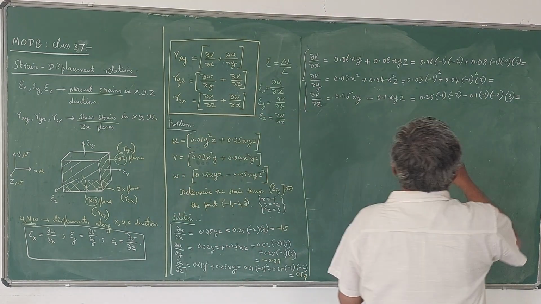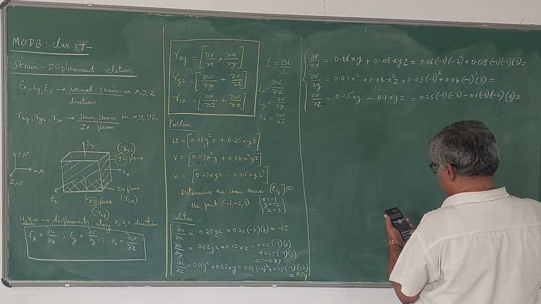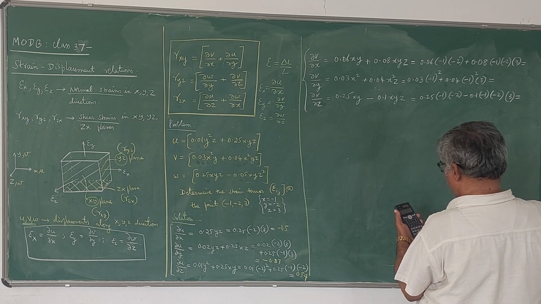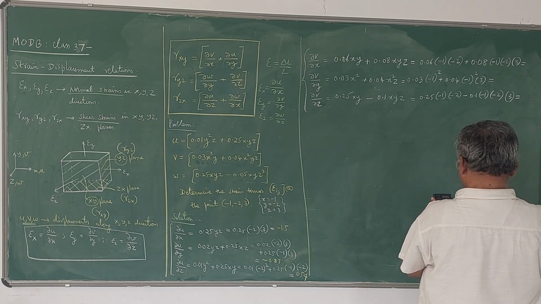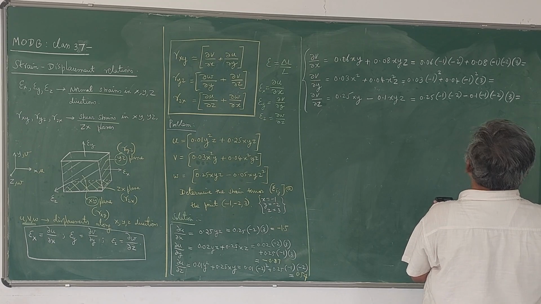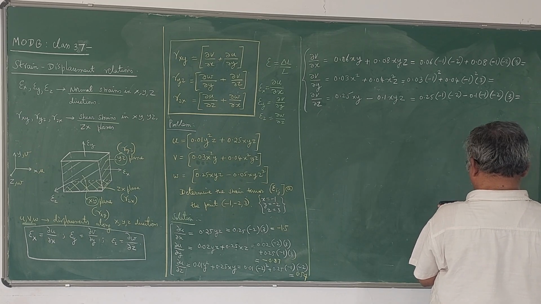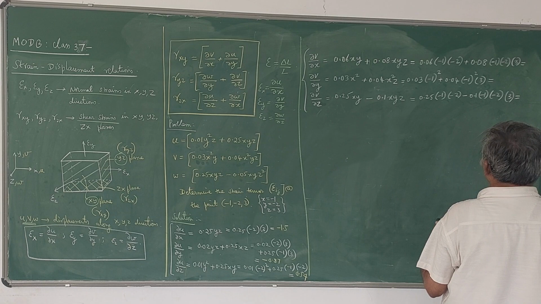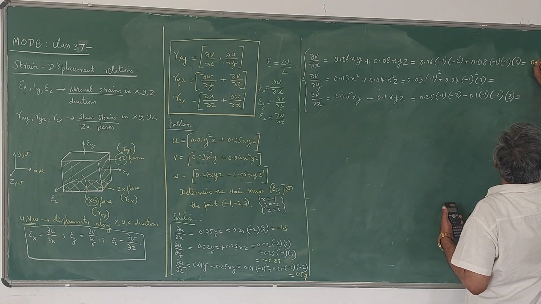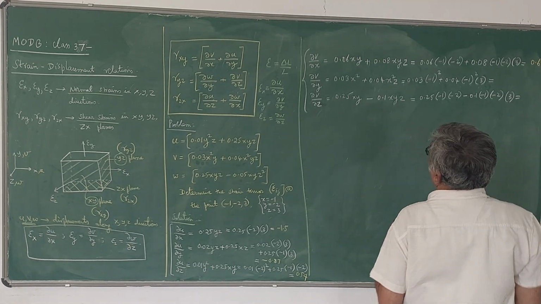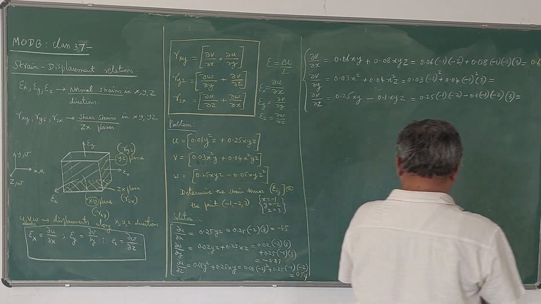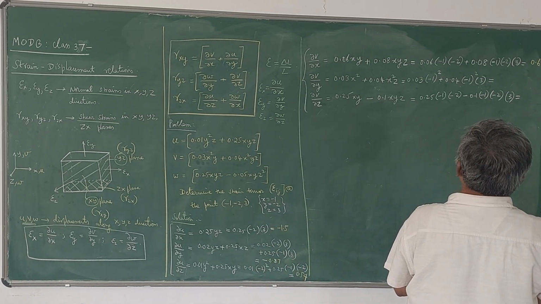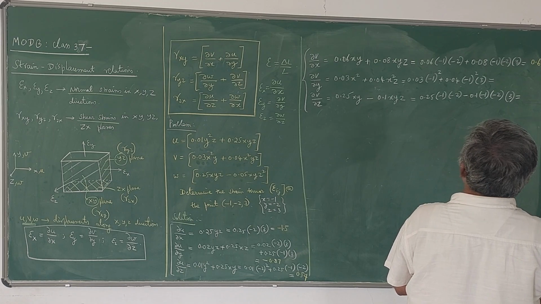The first value will be 0.06 into 2, plus 0.08 into 6. So the value is 0.6 positive. Then you have ∂v/∂y, 1 into 0.03, that is 0.03 plus 0.12.